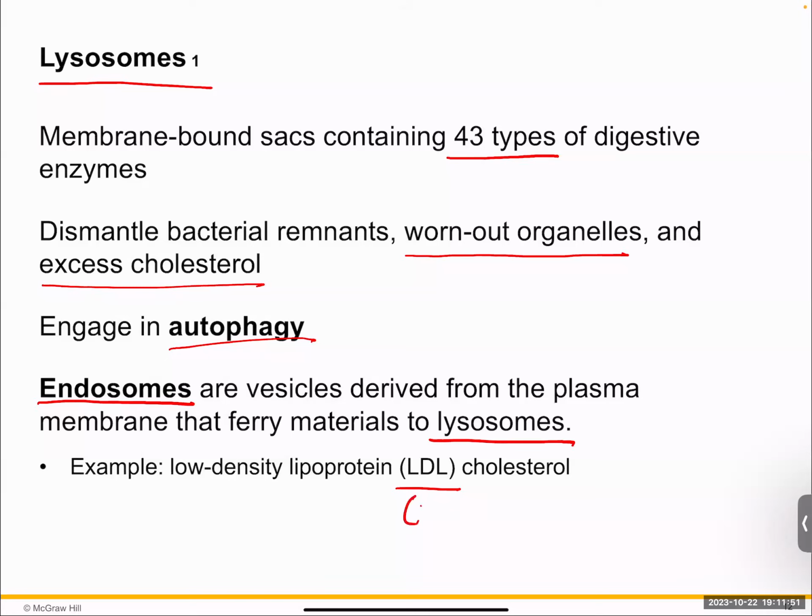LDL is commonly referred to as bad cholesterol, and again, this is not really bad cholesterol. It stands for low density lipoproteins, and they are carriers of cholesterol. So it is important to note that lysosomes can be involved in killing an old cell or organelle, or destroying bacterial remnants that have been ingested by the cell, or simply bringing in extra cholesterol and breaking it apart and transporting it.